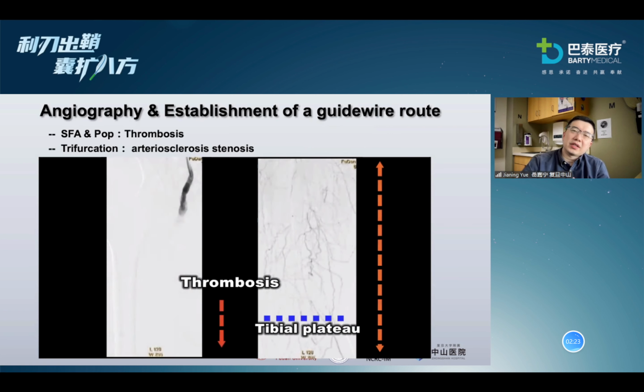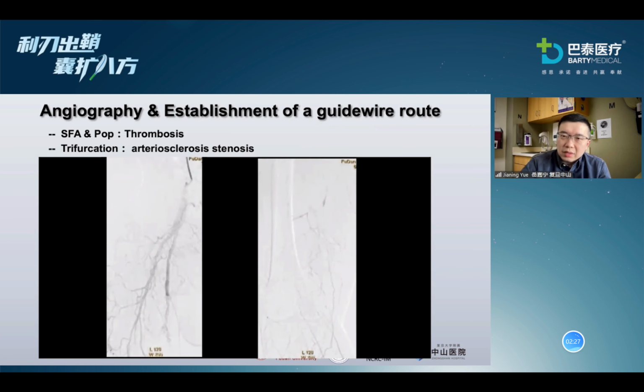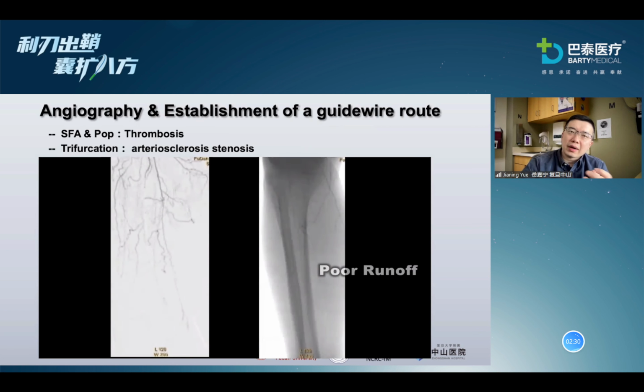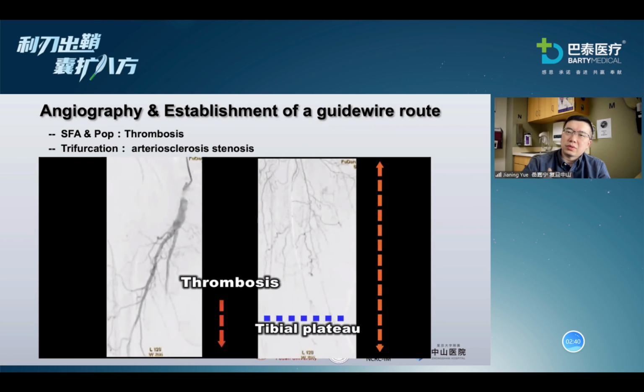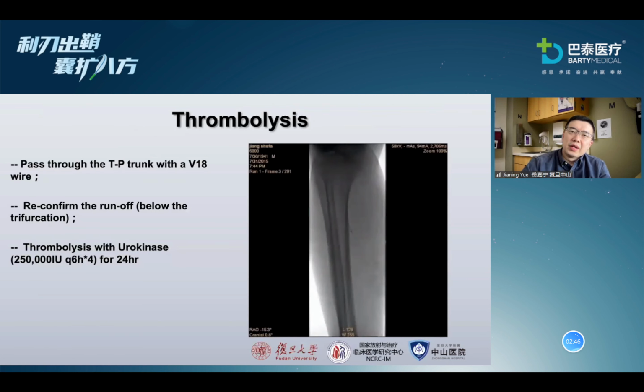At the TP trunk and the trifurcation, we found atherosclerotic stenosis, and we can see the lesion here. We think the runoff is very poor, and the patient received 3 PCI, and also has a stent in the heart. So we decided to do endo.